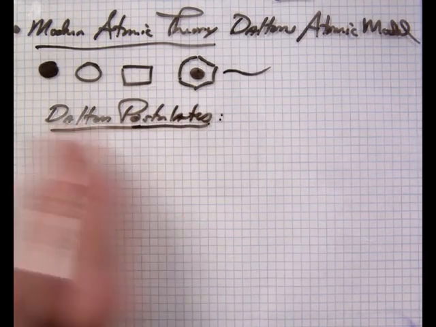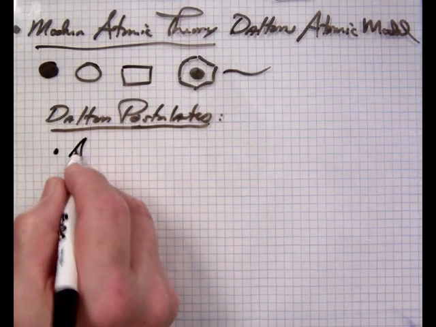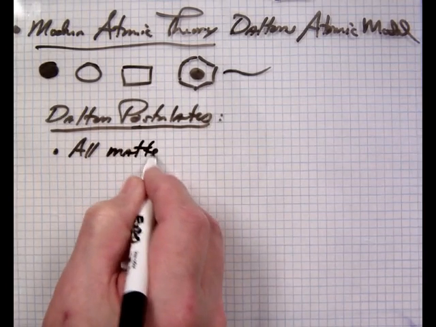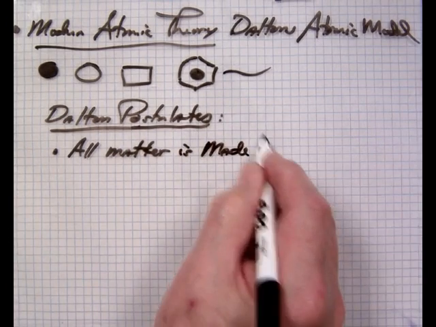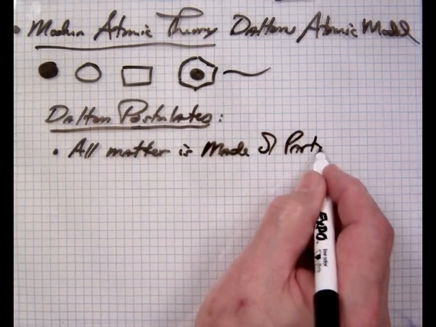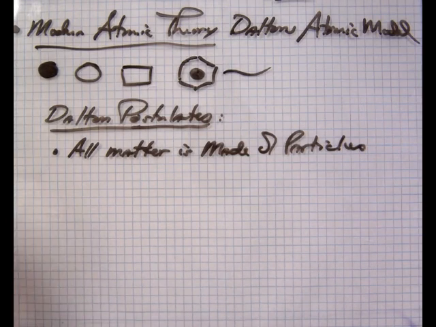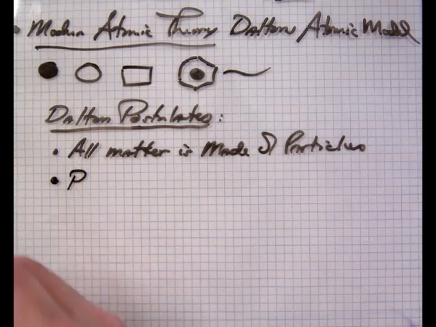And I think I've mentioned these before anyway. The first one is all matter is made up of particles. I think this is also part of the kinetic theory. Made up of particles. Particles interact by attraction, repulsion.